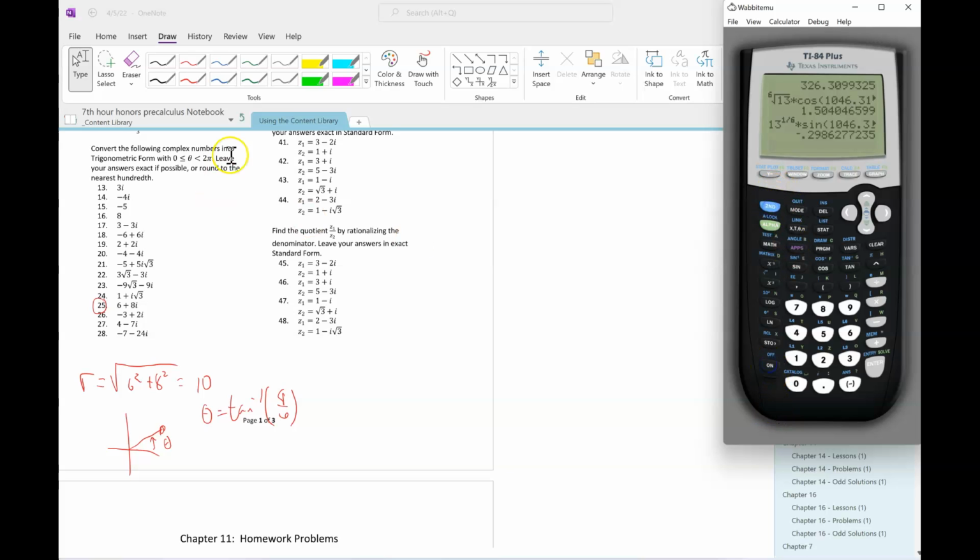And I think the problem asks for this in radians. So when I type this into my calculator, I want to make sure I'm in radian mode. So 0.93.